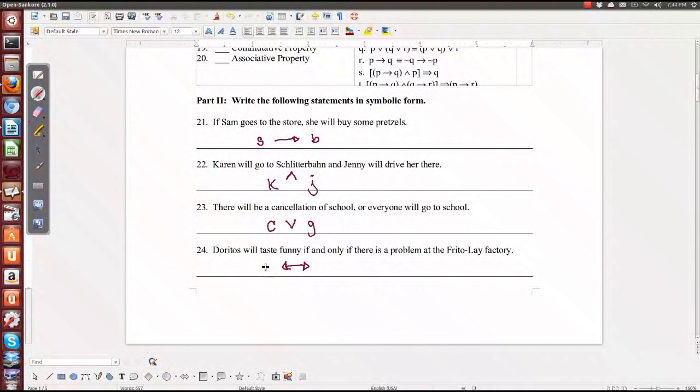And I'm going to have Doritos will taste funny if and only if there is a problem at the Frito-Lay factory. So these first four should have been pretty simple because they're from our first week. The next page deals with some of the quantified statements.